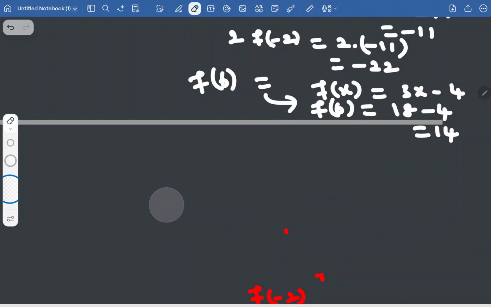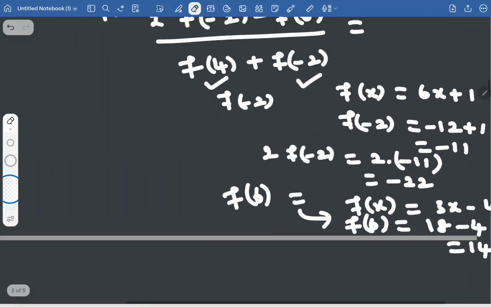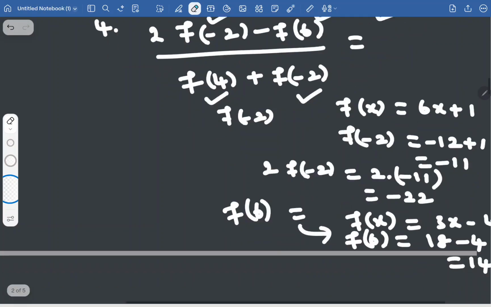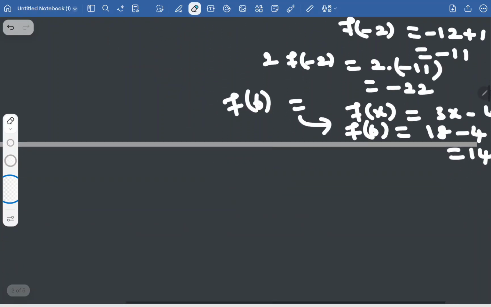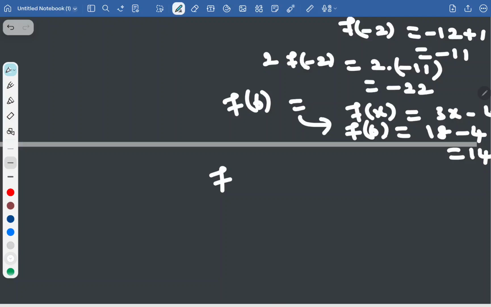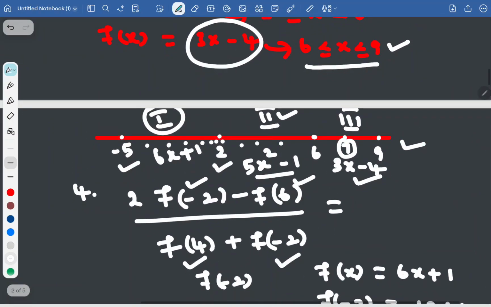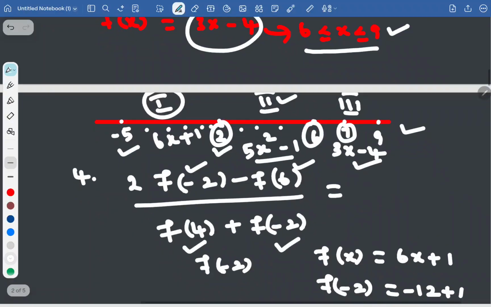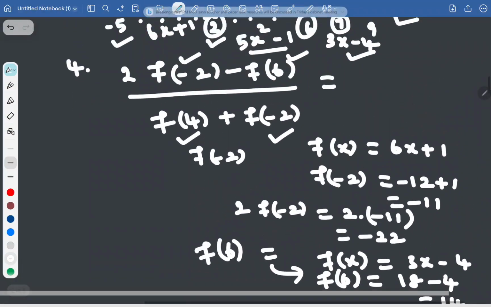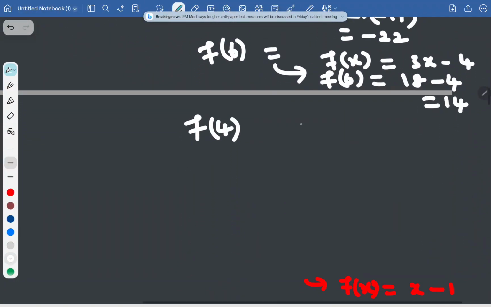Numerator part is over. Now I am going to find the denominator part. Denominator part f of 4. f of 4 means 4 lies in the second interval because it is 2 to 6. For the second interval f of x is 5x square minus 1.